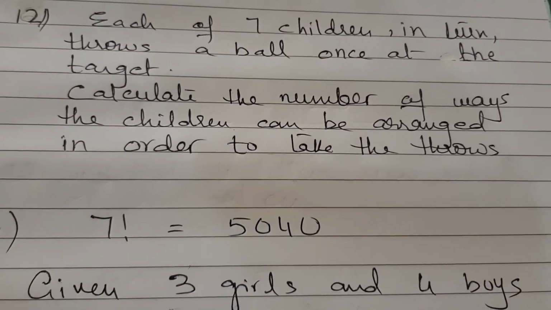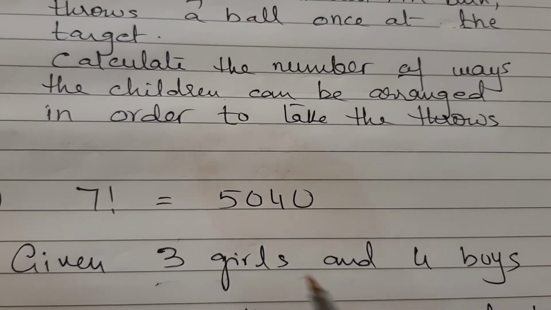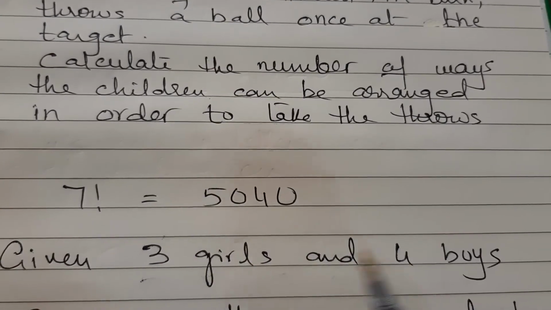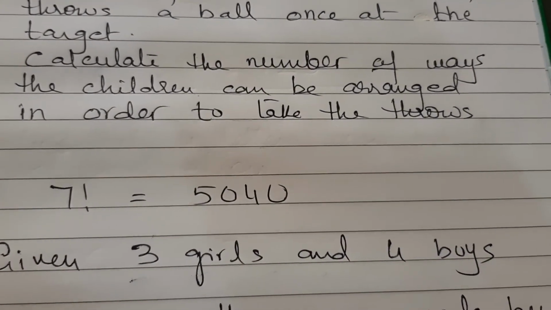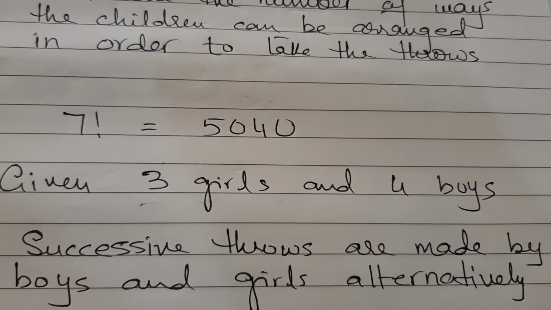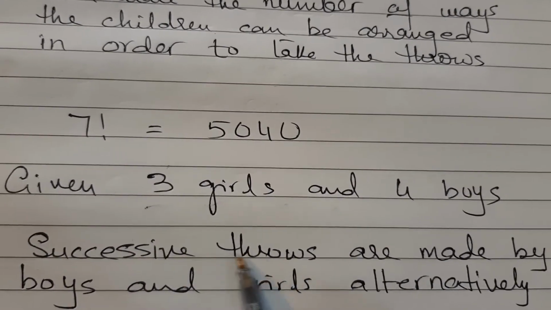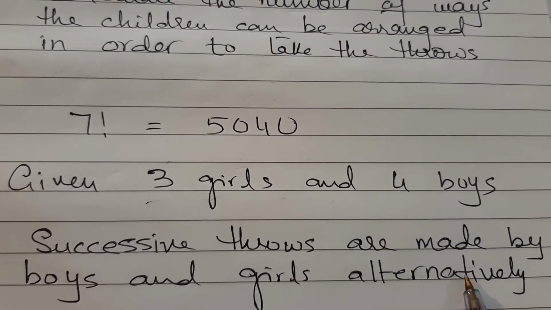The next part of the question, which is at times a little difficult for students, says that there are 3 girls and 4 boys. Now when they are throwing, it has to be successive throws made by boys and girls alternately.